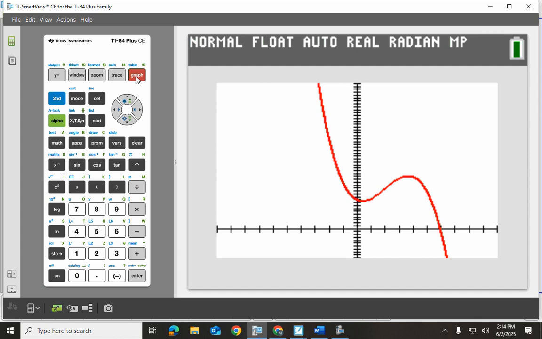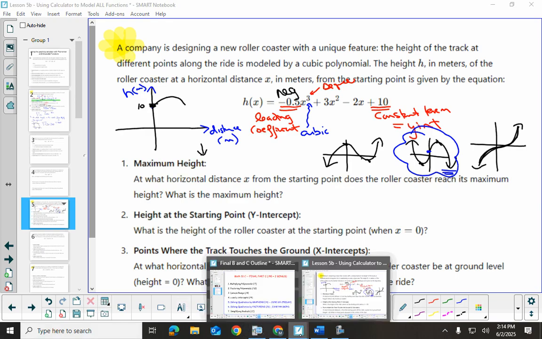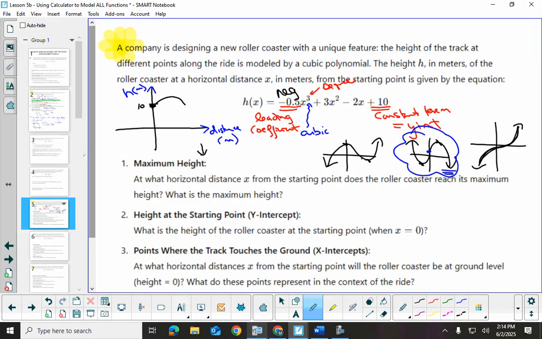Okay, so what did it look like? Like that, something like that. I suck at drawing.